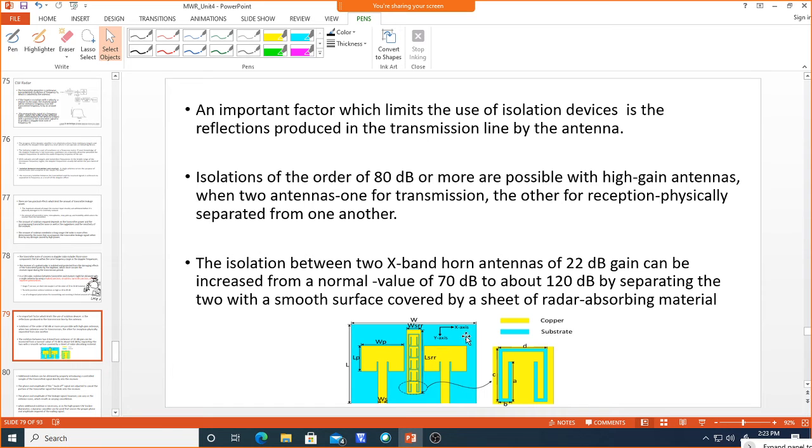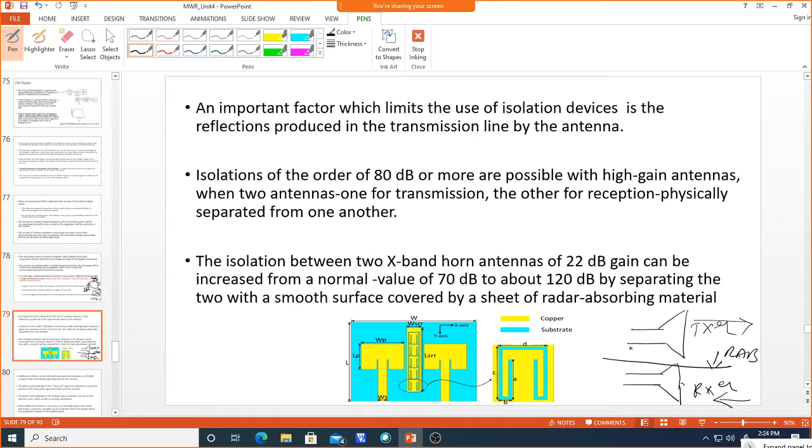Similarly, if you use two horn antennas like this, as a transmitter and receiver, and in between you put radar absorbing material, then we can get very good isolation. This will transmit and this will receive. Between these two, if you use a radar absorbing material, we can get more isolation between the transmitter and the receiver.